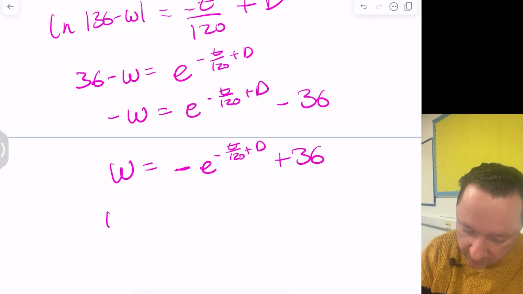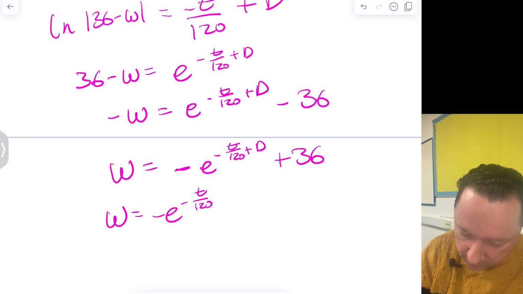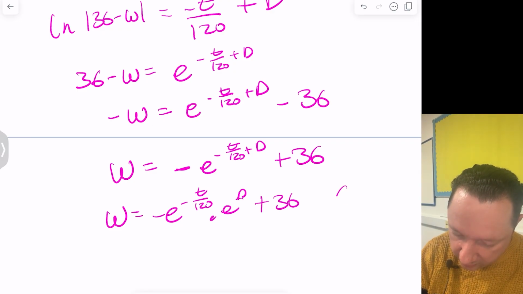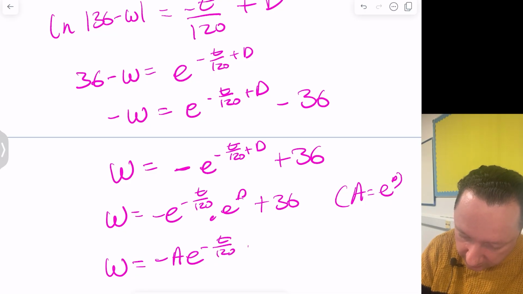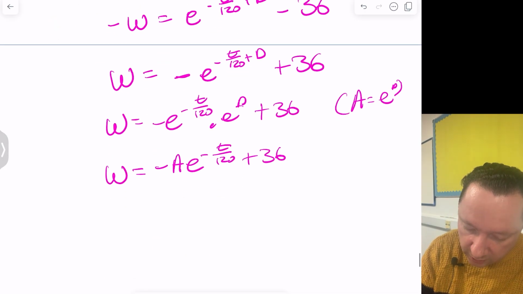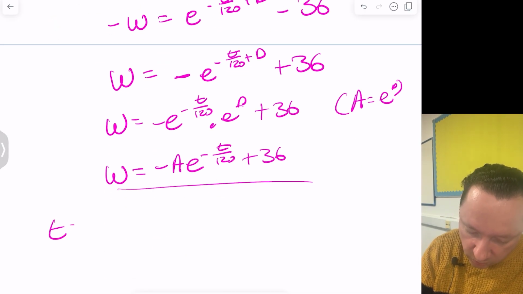So now we can separate our variables out, minus e to the minus t over 120 times e to the d plus 36. We'll just say that let a equal e to the d. So w equals minus a e to the minus t over 120 plus 36. I mean, initial conditions were that when t equals 0, w equals 8.